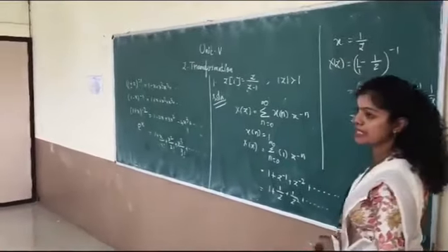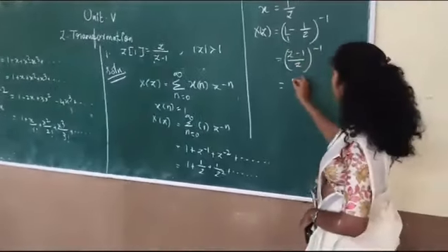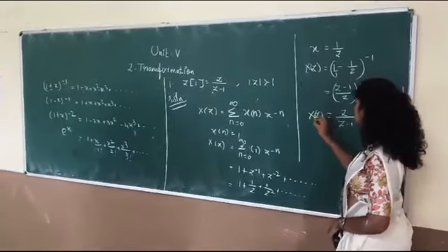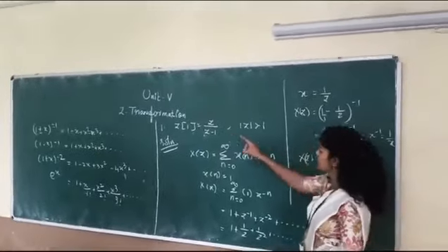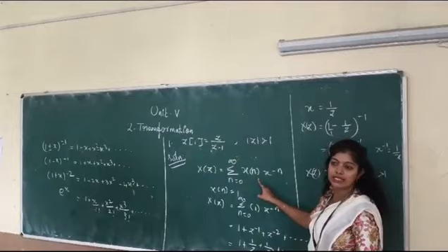To cancel this inverse, we take the reciprocal, so we get Z divided by Z minus 1. So X of Z is Z divided by Z minus 1, Z greater than 1. That is what they asked us to prove, and we have done it using the Z transformation formula.